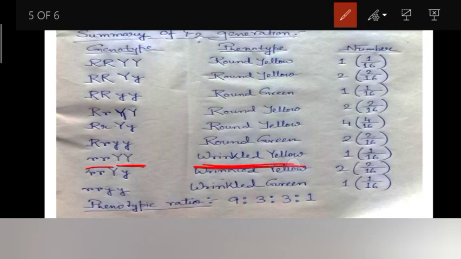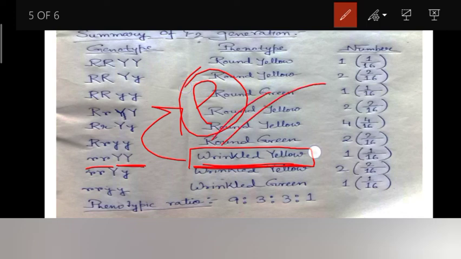Here another new character arises, which is absent in the P generation, and it gives 1 out of 16.